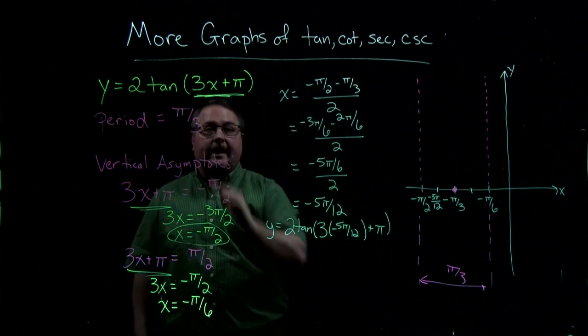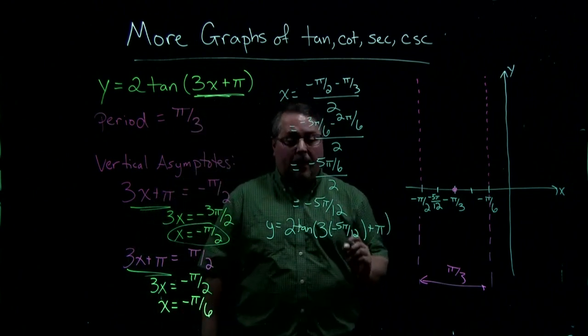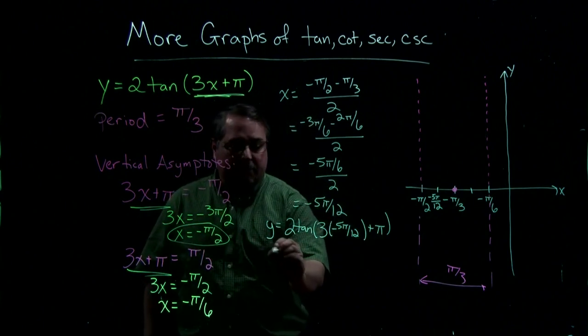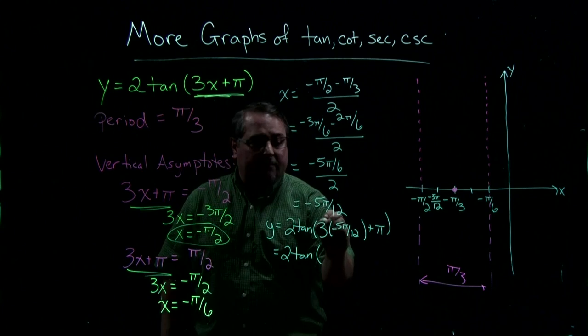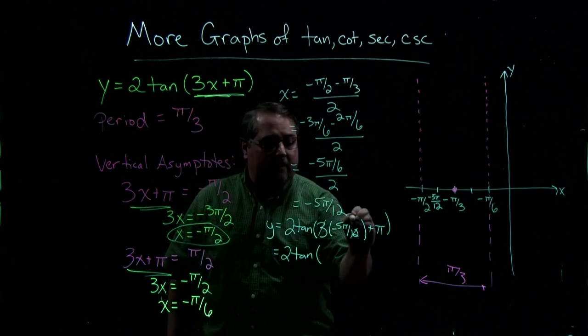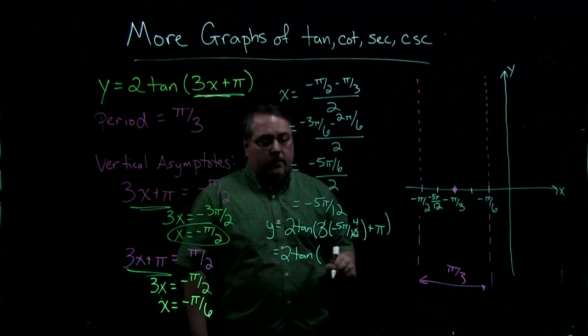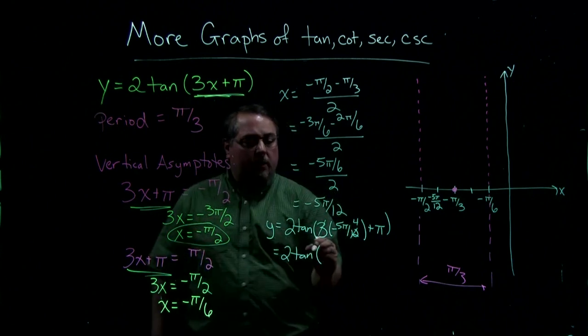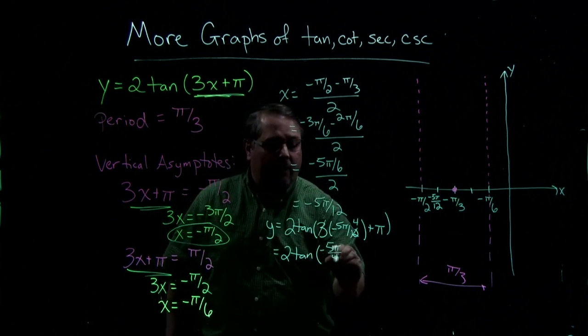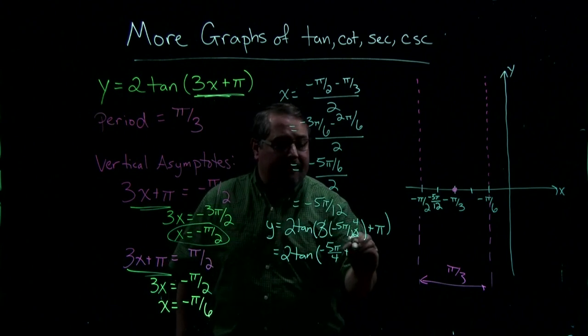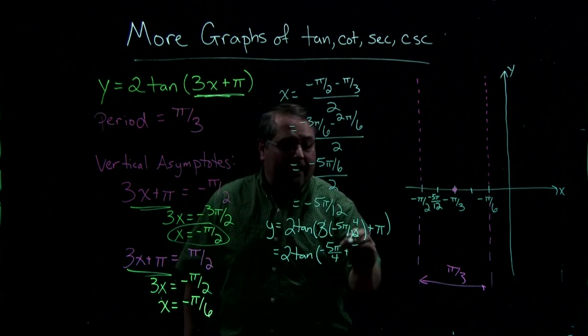Okay, so now we're going to plug in x equals negative 5 pi over 12. Okay, so that's going to be equal to 2 times the tangent of 3 over 12, which is 1 over 4. So this is going to be negative 5 pi over 4 plus pi, which is 4 pi over 4.